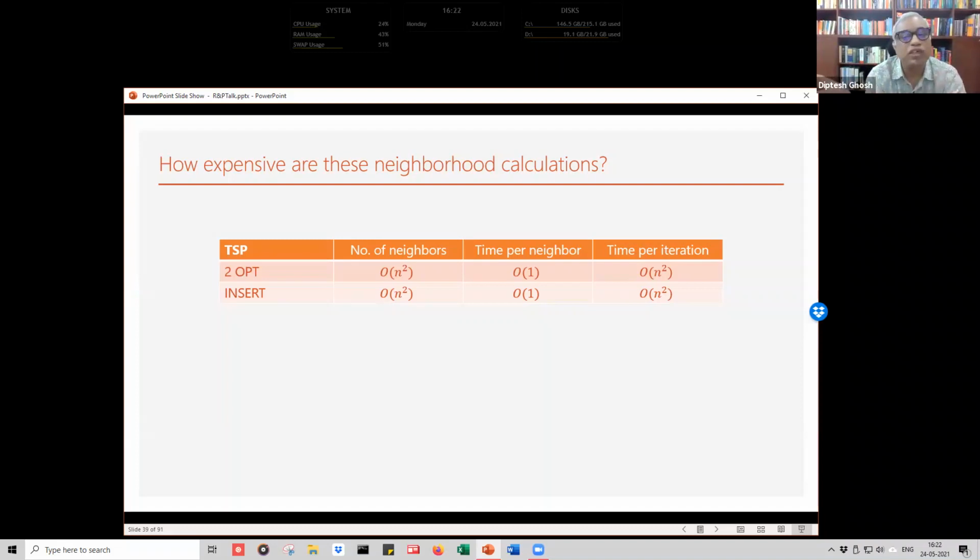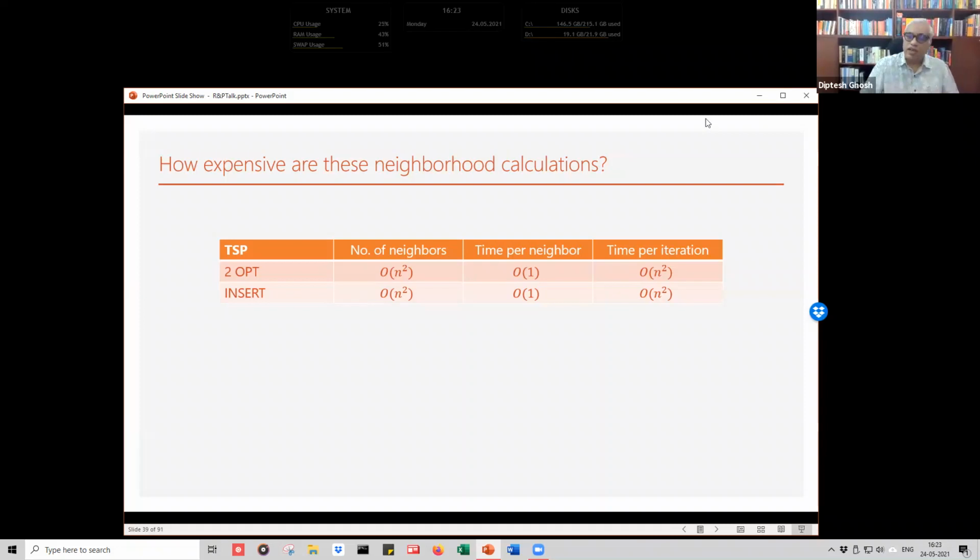We reduced it by 2 orders of magnitude, and if you run the local search heuristics, you'll find the improvement in time is amazing. It goes from several hundreds of seconds to a couple of seconds.